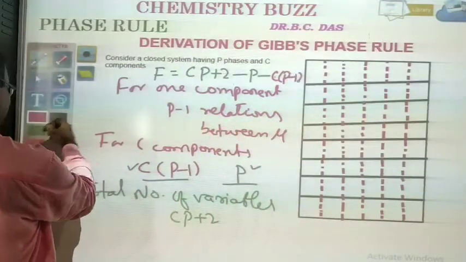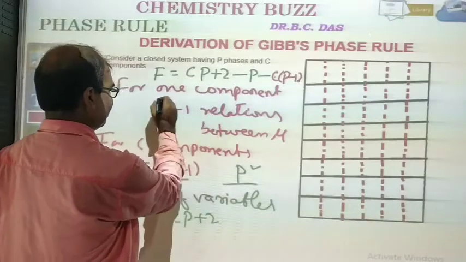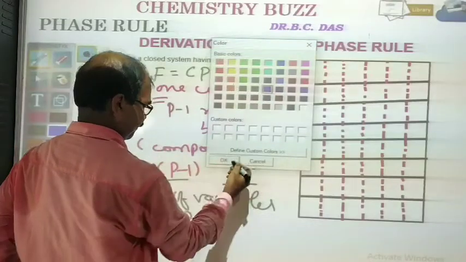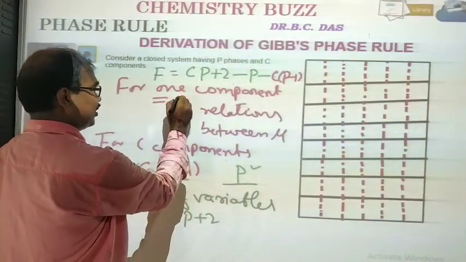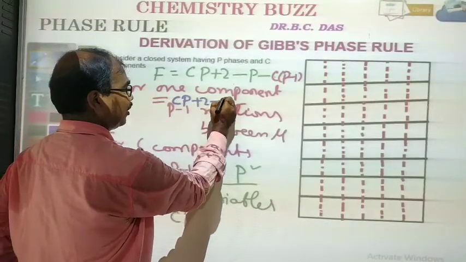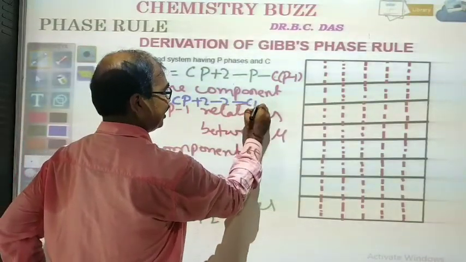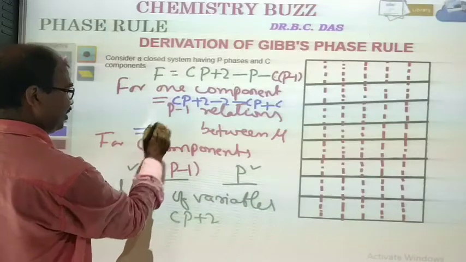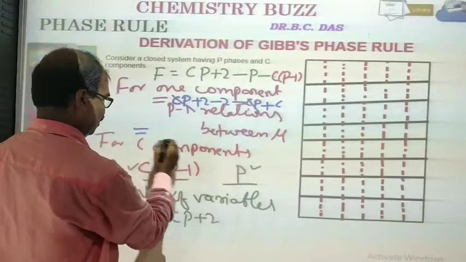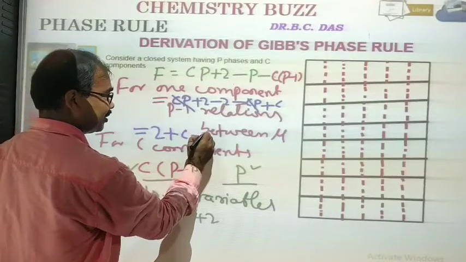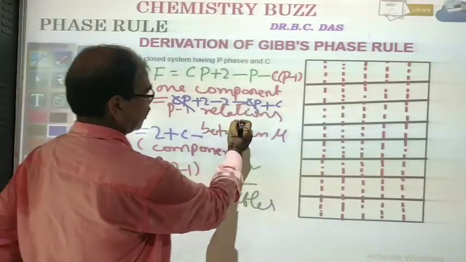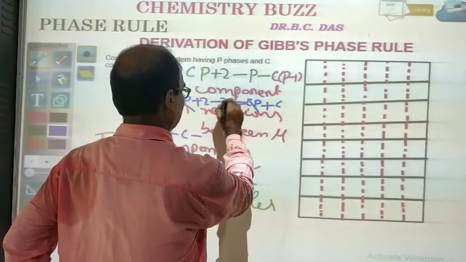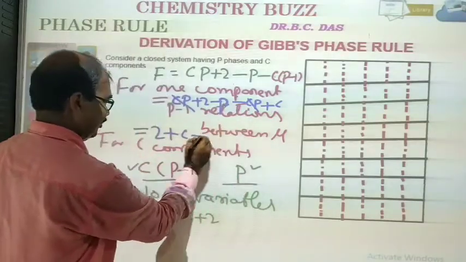By solving this equation, we have CP plus 2 minus P minus CP plus C. So the CP cancels out, and we get 2 plus C minus P.